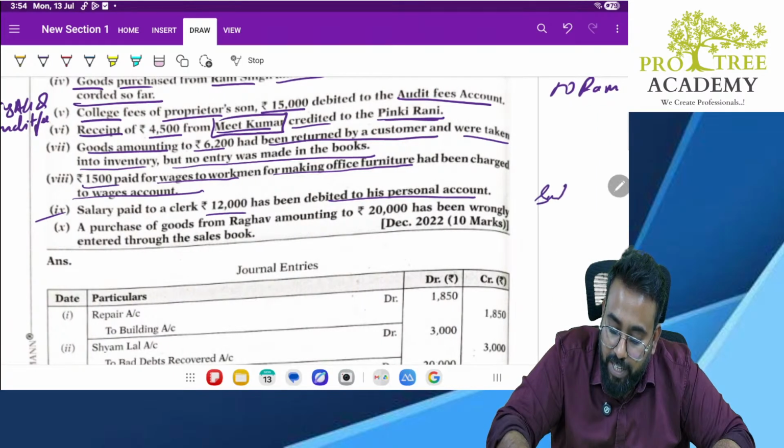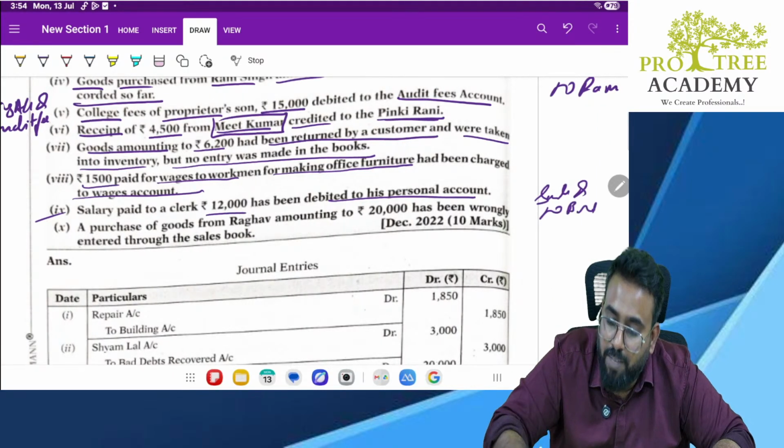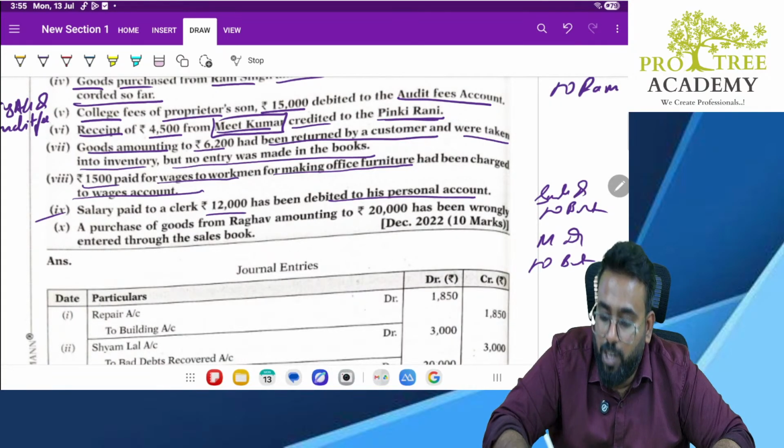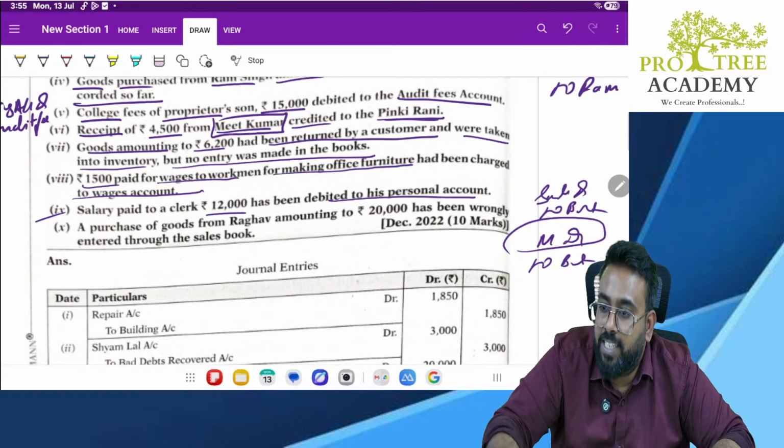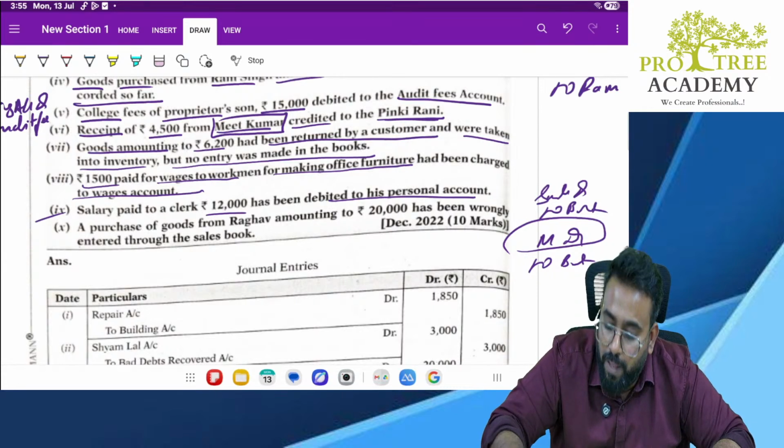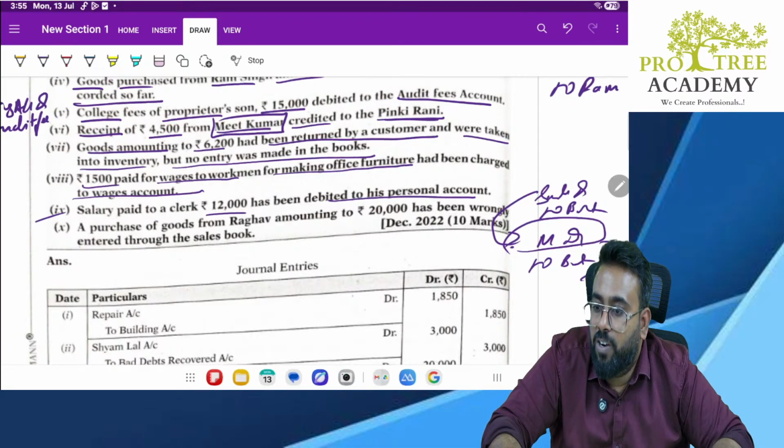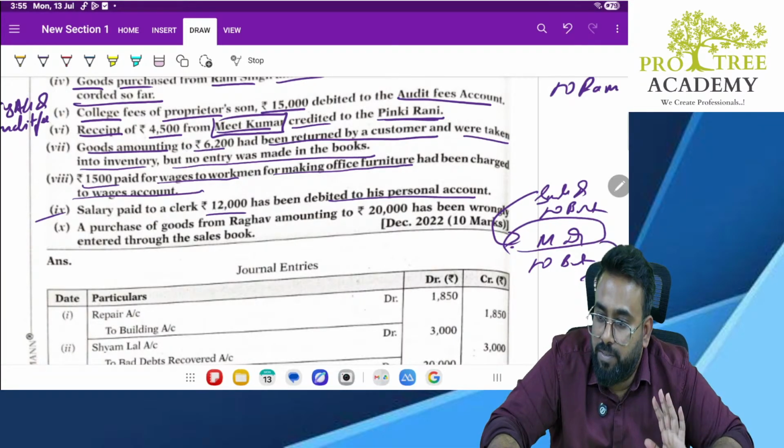Salary account debit to bank. Suppose I am paying salary to Mr. M. You are writing M account debit to bank. Now M will sit in your balance sheet as receivable, an asset account. So what you will do? Credit this, debit this. So salary account debit to M.